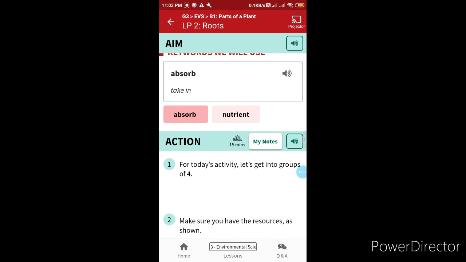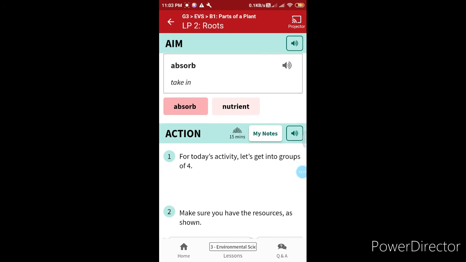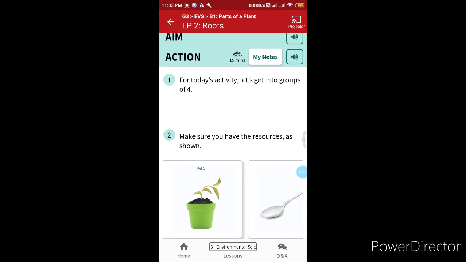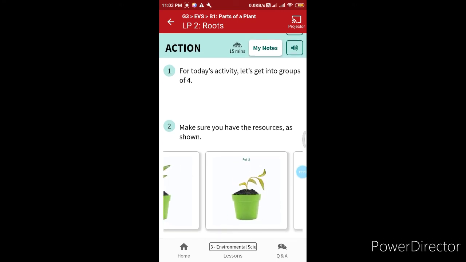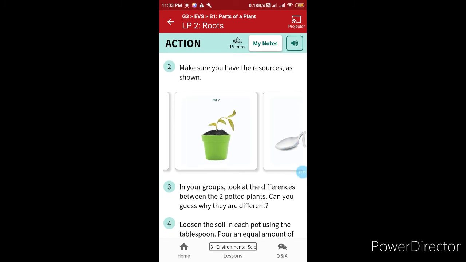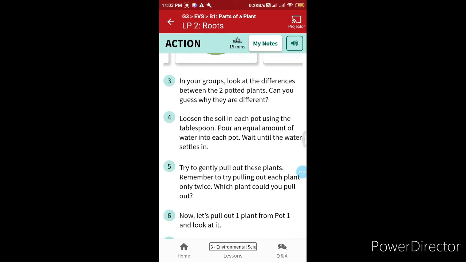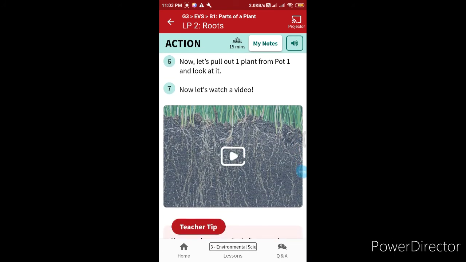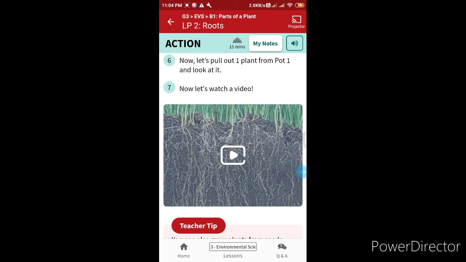The roots are absorbing the nutrients, right? And sending them to the other parts of the plant. So you learned how to solve the questions in the worksheet, and you also learned how to solve the questions given in the content book. And one more time, see this video, children, to understand the functions of roots.